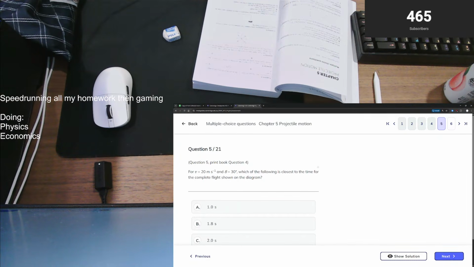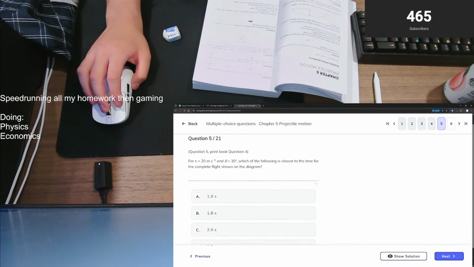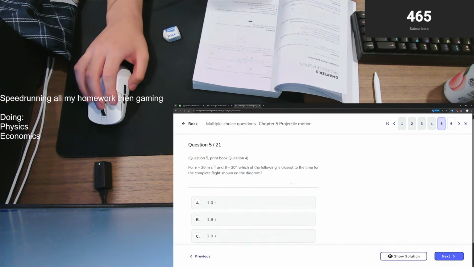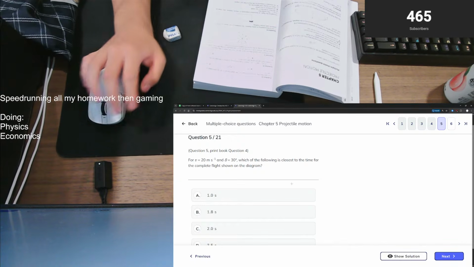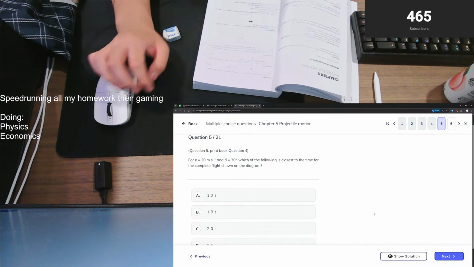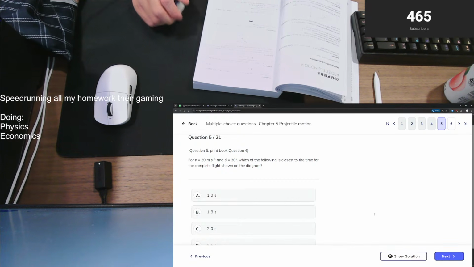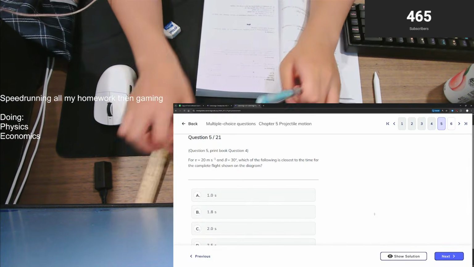Which of the following is closest to the time for the complete flight shown on the diagram? Okay, so what was the flight equation? The time equation.